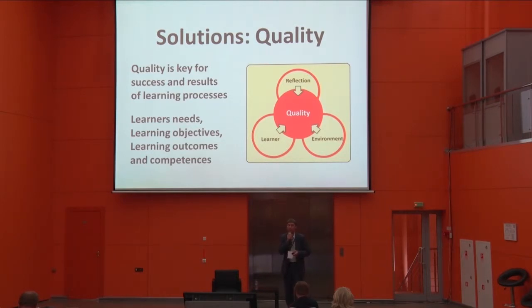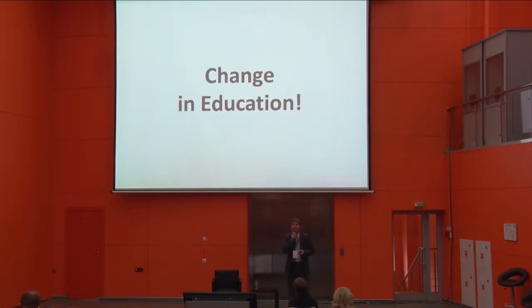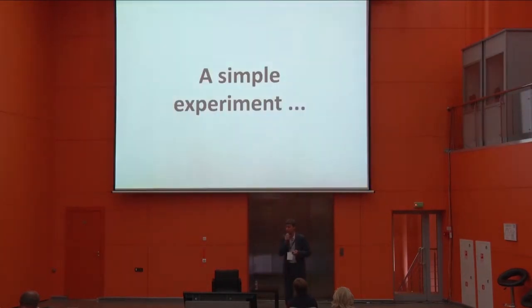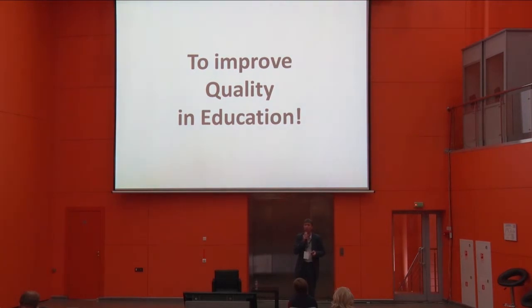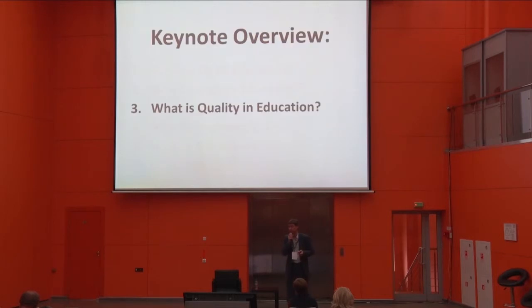The most important thing is that we address quality by meeting the learner's needs and the learning objectives that we have set up. There is no one way and no one solution for all, but we always have to adapt to the learner's need. That's why we now have to change education. That is a major task, and we also have to improve the quality in education to meet the future challenges.